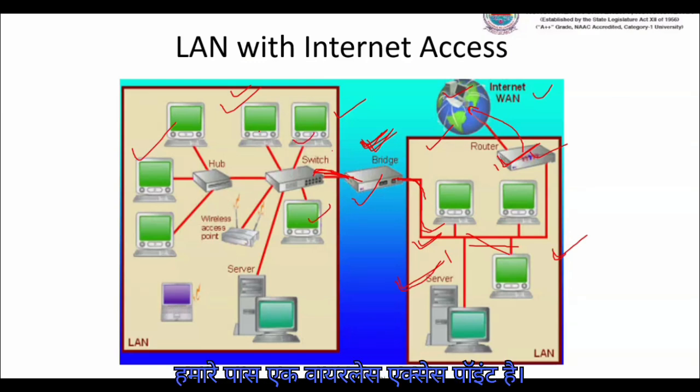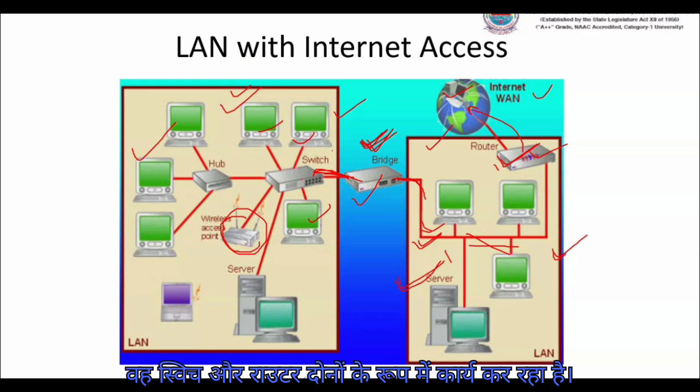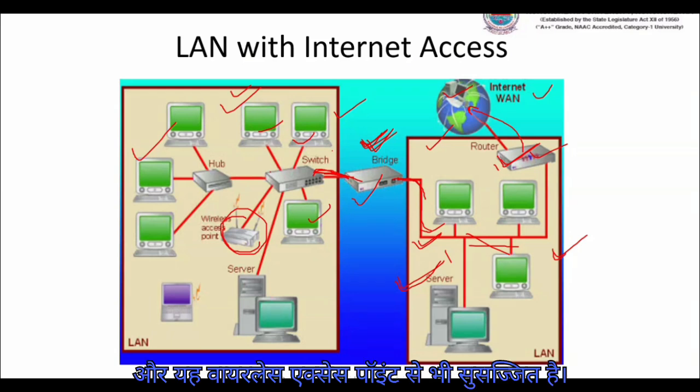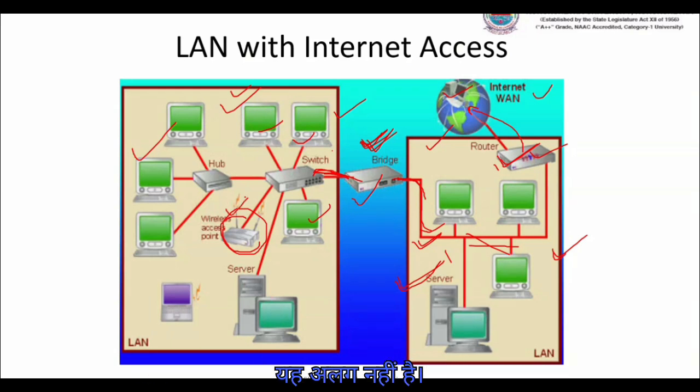So in this LAN, through this switch, we have the normal computers. We have a wireless access point, which we put here for Wi-Fi. Usually in homes, your switch is acting as a switch as well as a router. Basically it's a router and it is equipped with a wireless access point also.